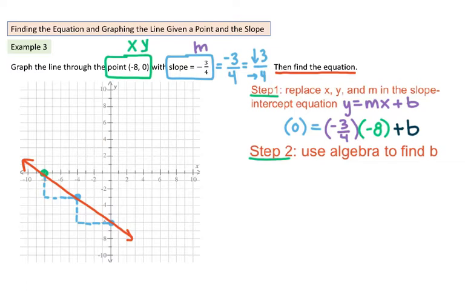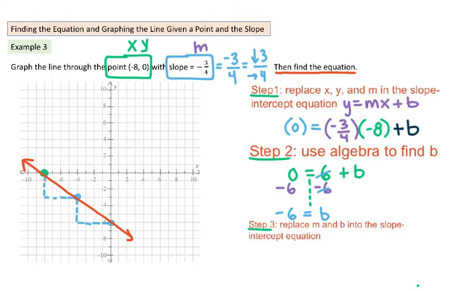Okay, so we'll say 0 equals -3/4 times -8. That's 6 plus b. We want to know what b is, so we want b to be isolated on the right. I'll subtract 6 from both sides, and it will cancel, and I will get the final answer that our b value is -6.